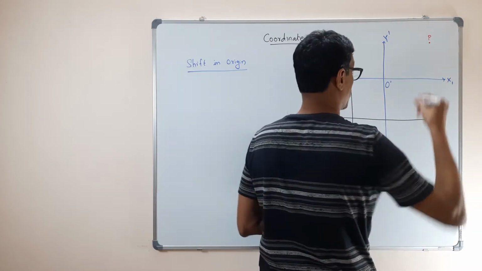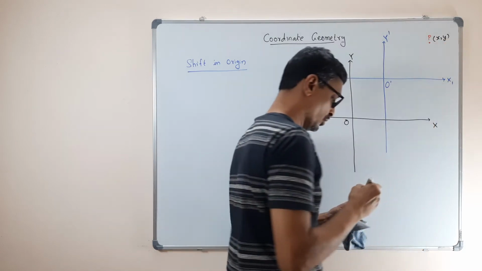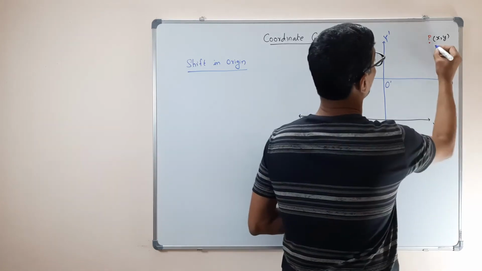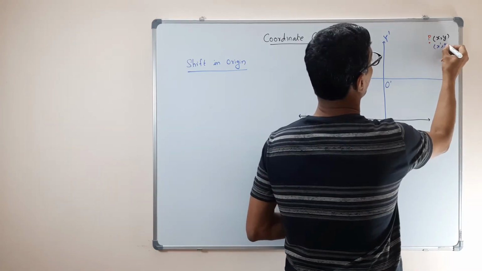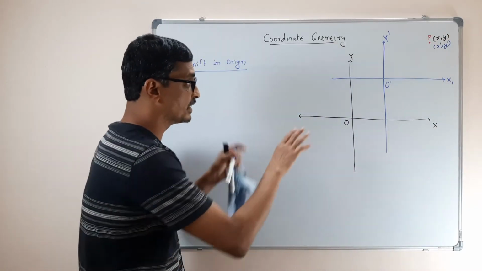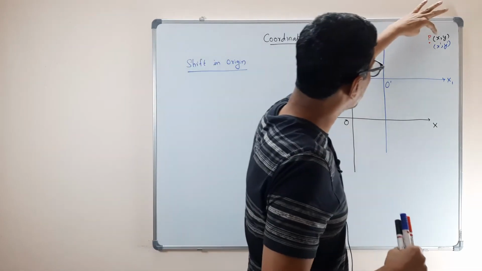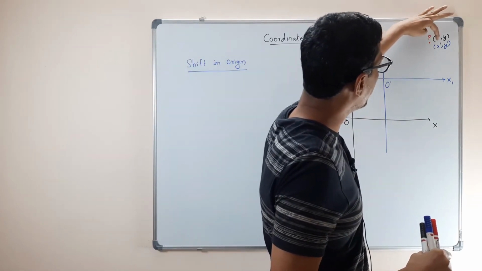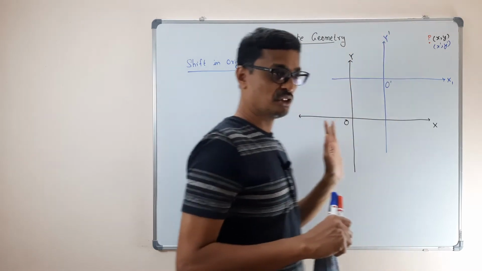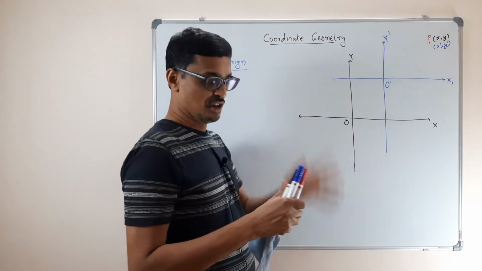So you have measured this point as x, y. And your friend has measured this point as x prime, y prime. Now, because there is a shift in the origin, you need to know how x and x prime are connected, and y and y prime are connected.